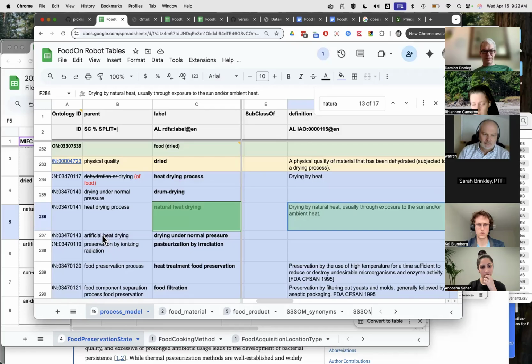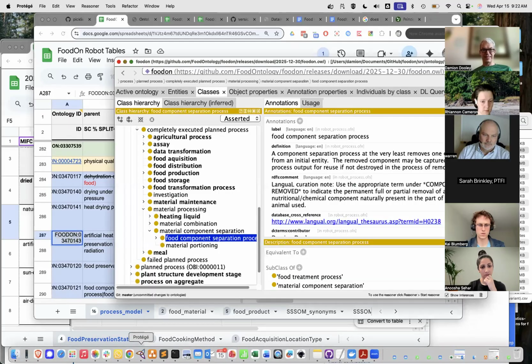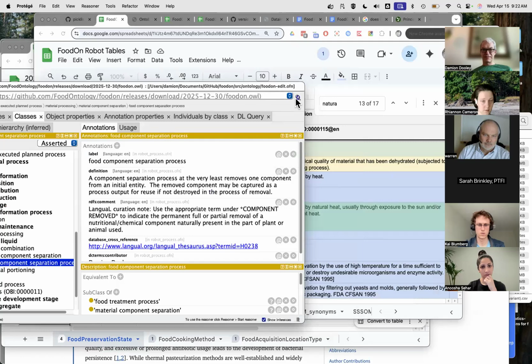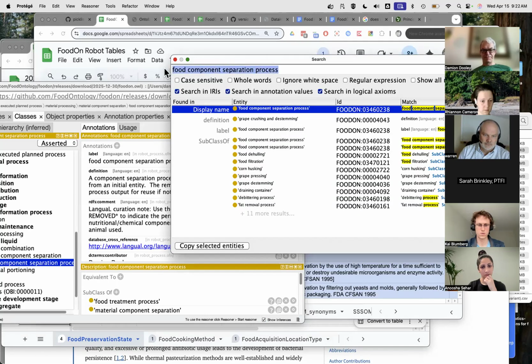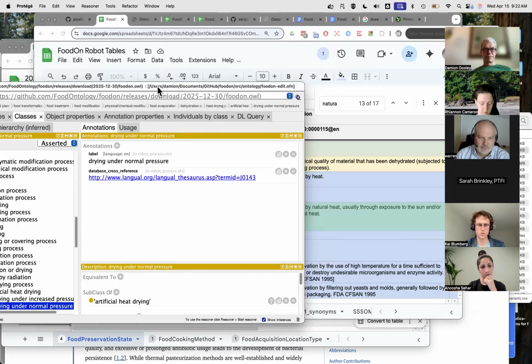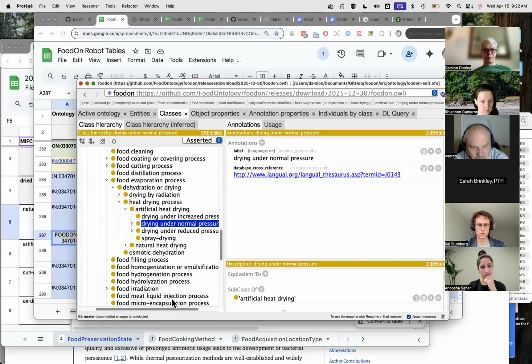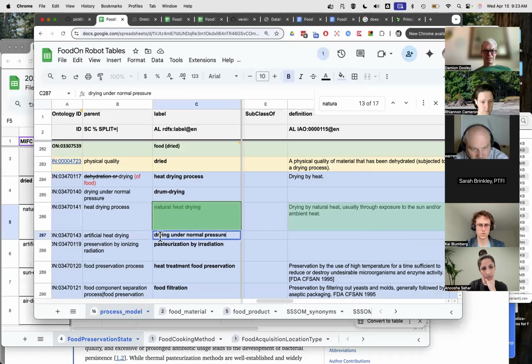I have to double check some of these to see if their parent terms actually have that parentage, in case a mistaken edit happened. So I'm just going to look at that one. Okay, so I think for artificial heat drying, these subordinate terms should probably have the word artificial in front of them.